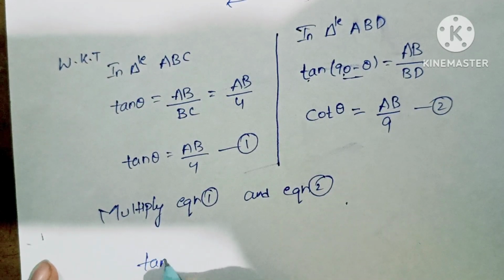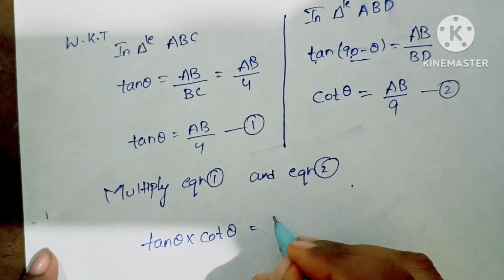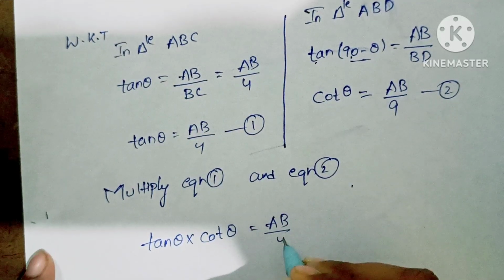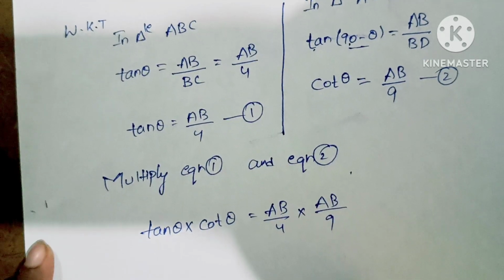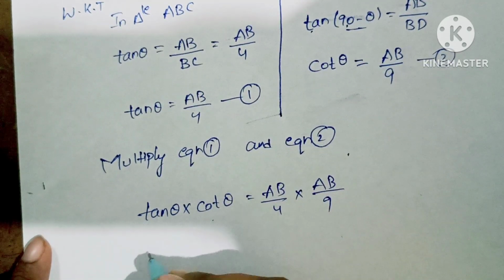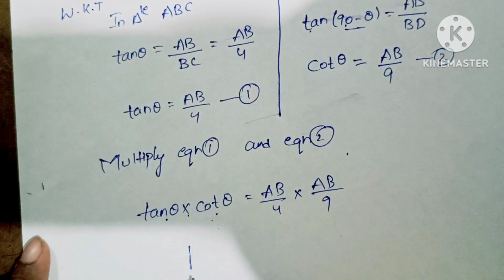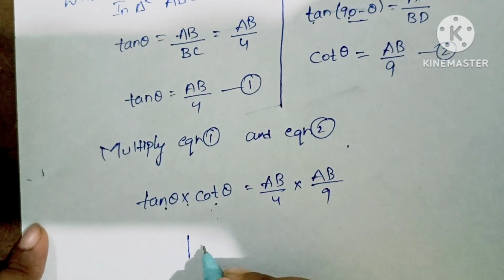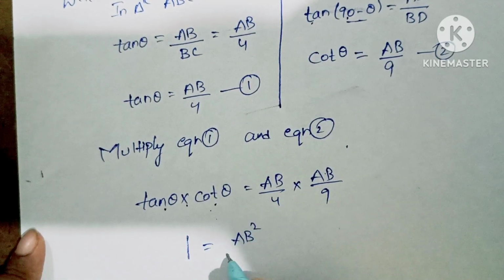That means tan theta into cot theta equals AB by 4 into AB by 9. Tan theta into cot theta is 1, since cot theta is 1 by tan theta and they cancel. So 1 equals AB into AB, which is AB square, over 4 into 9.